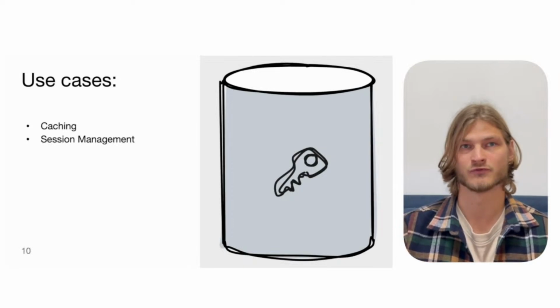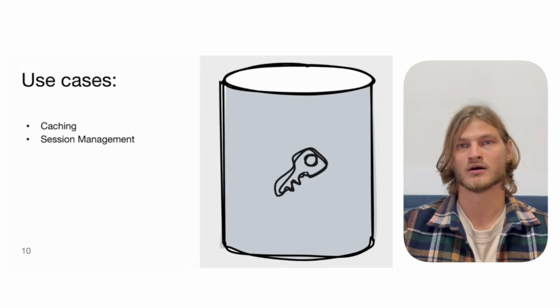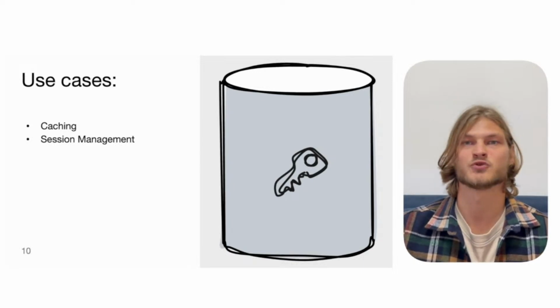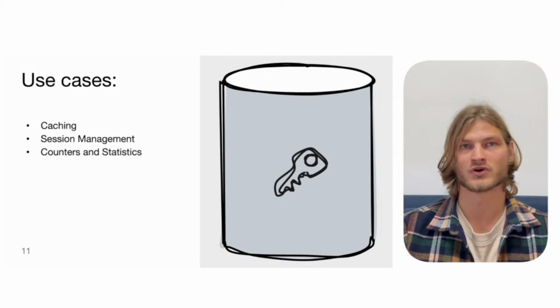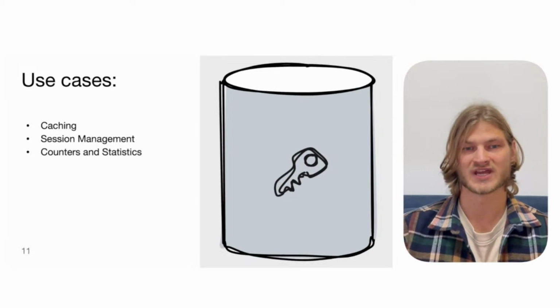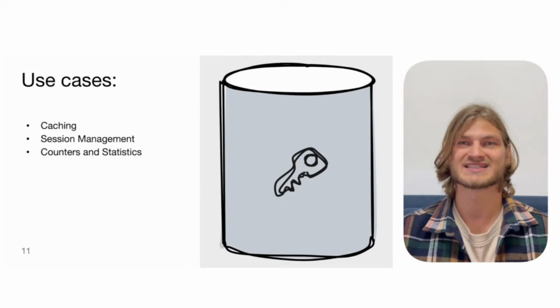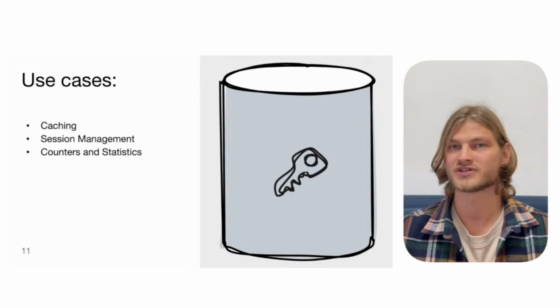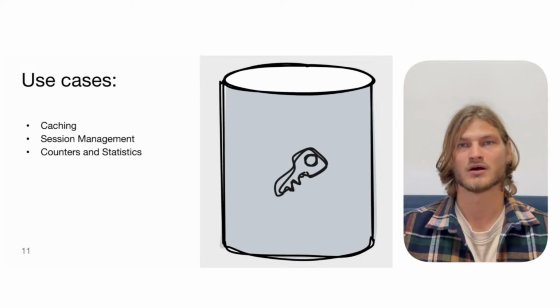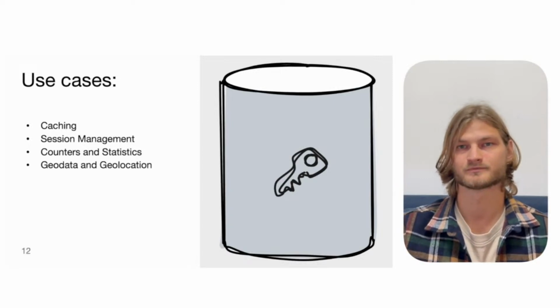Also, they can be used for session management, so you can store session information about your user in such databases, and also login and some user preferences. Also, they are good for counters and statistics, so you can store retweets, likes, and rate limiter counters and so on in such stores.